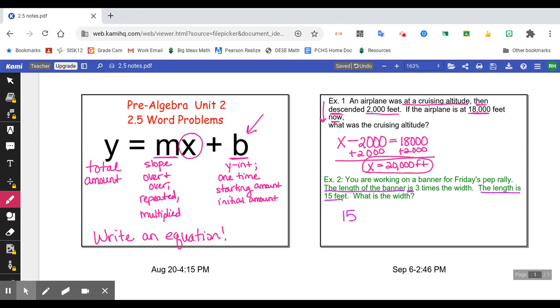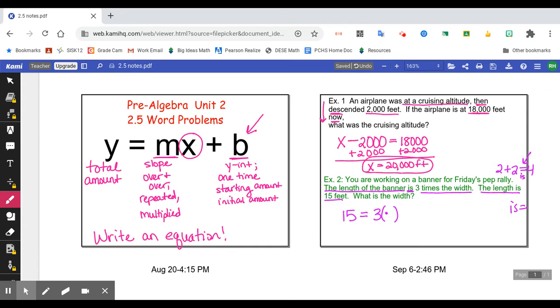Is. Well, is in math, you guys, means equals. Like if I said 2 plus 2 is 4, is taking the place of that equal sign. So the length of the banner is, so it's equal to 3, so I'm just going to put a 3, times the width. Okay, 3 times the width. Well, I would normally put times or parentheses, right?